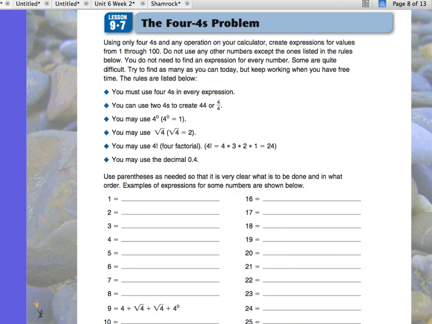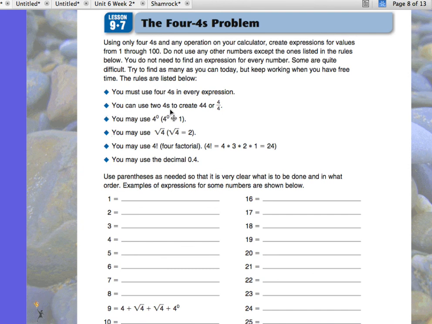The second part of today's lesson is the fours problem. You must use 4 fours in every expression. We're going to be figuring out ways to get to the number that is listed. So how could we get the number 1? How could we get the number 2? And so forth.